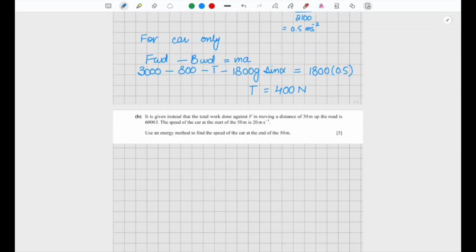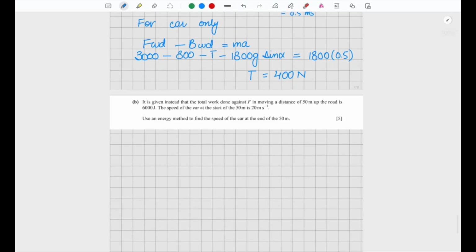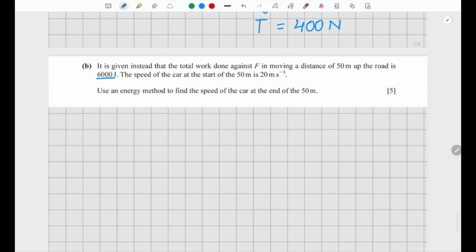Okay, now part B of the same question. It is given that the total work done against friction in moving a distance of 50 meters up the road is 6000 joules. So this is your work done against friction.